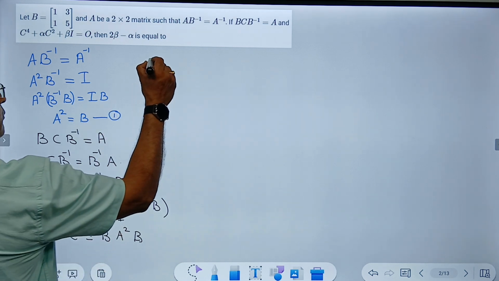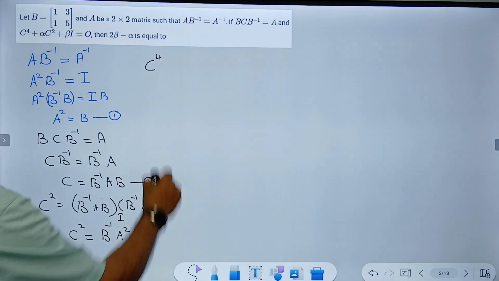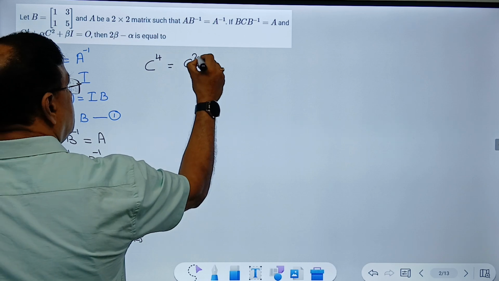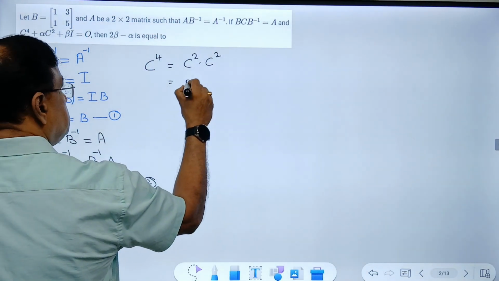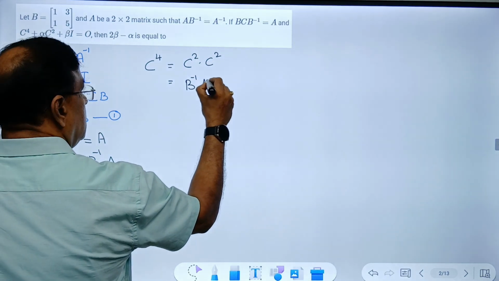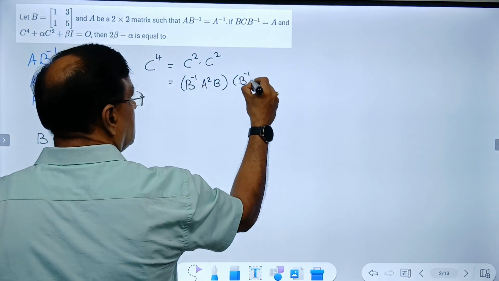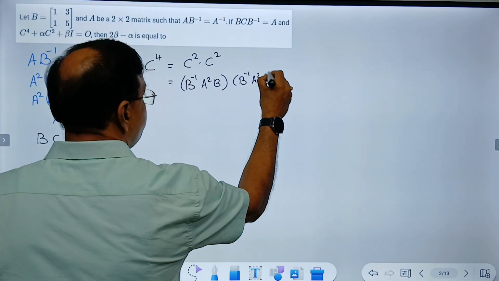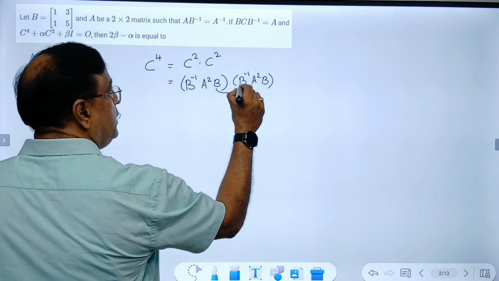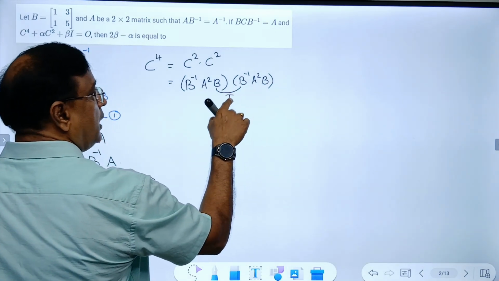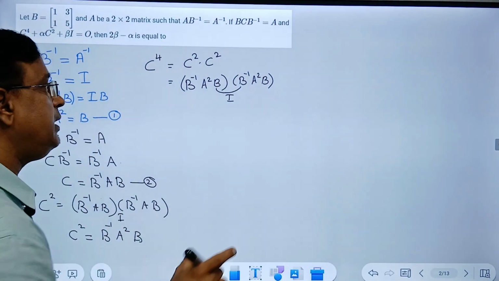Now I will try to find out what C power 4 is. C power 4 will be C square into C square. C square is B inverse A square B into B inverse A square B. Again using the same logic, B B inverse is I, so I into A square is A square, and A square into A square is A power 4.